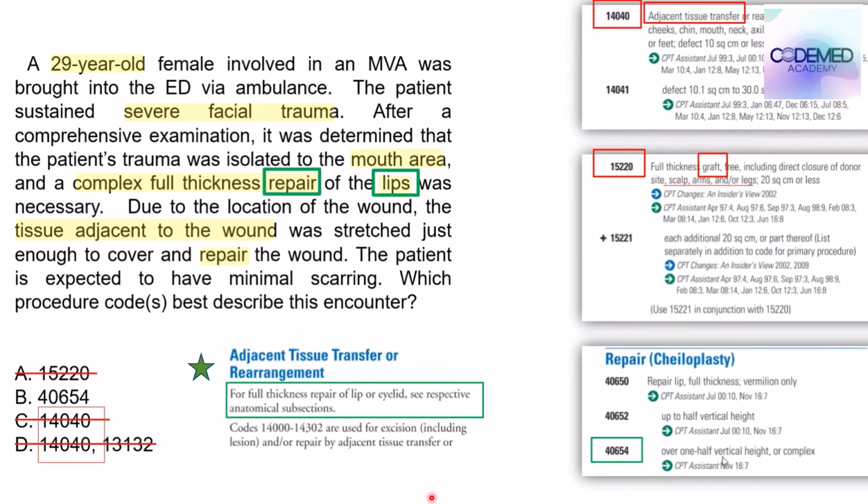That's why we cannot code from the 14000 series, but we will have to go to the respective anatomic location, and that's why 40654, it is a repair of the lip over 1/2 vertical height or a complex up to vertical height repair. But since we have only one code from the 40000 series, we will be going with that code.